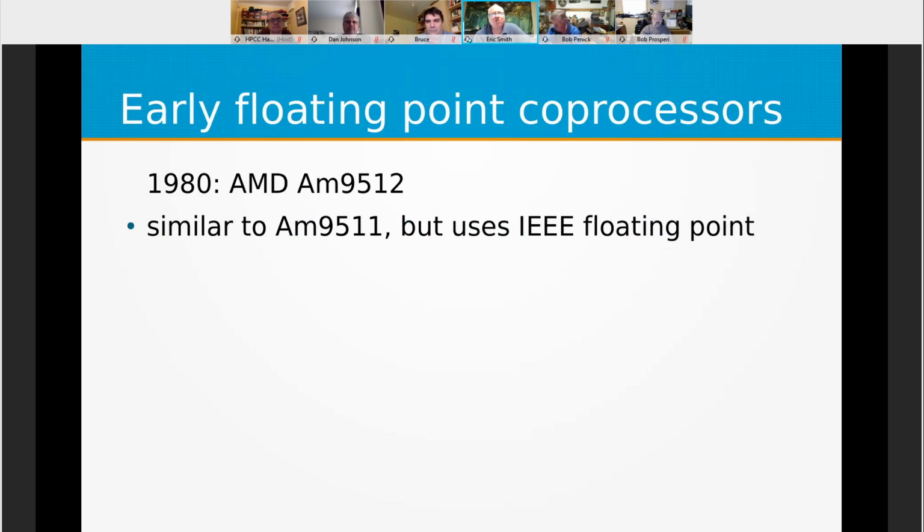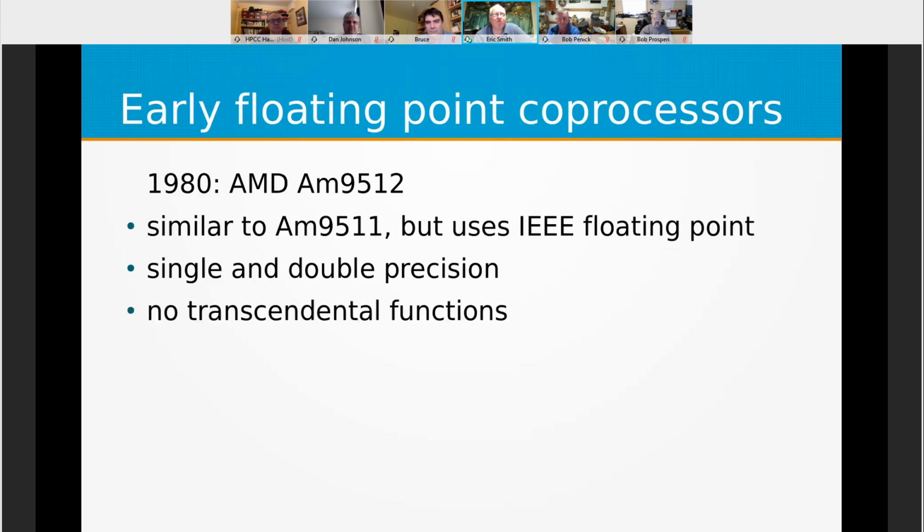So as far as I know, the chip design internally is quite similar to the 9511, and that meant that the performance might not be optimal for IEEE, and also they added double precision to this chip, which the 9511 didn't have. But as a consequence, they didn't have room in the microcode for the transcendental functions. So this chip only does arithmetic, not transcendentals. It does include integer conversions, which is quite useful.